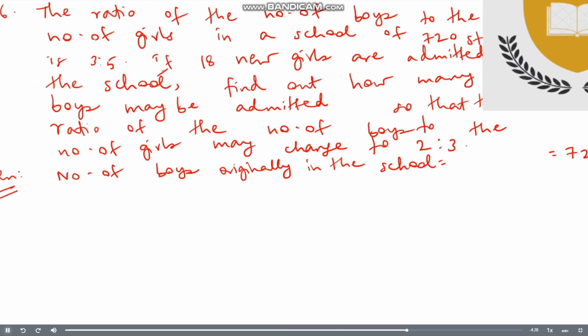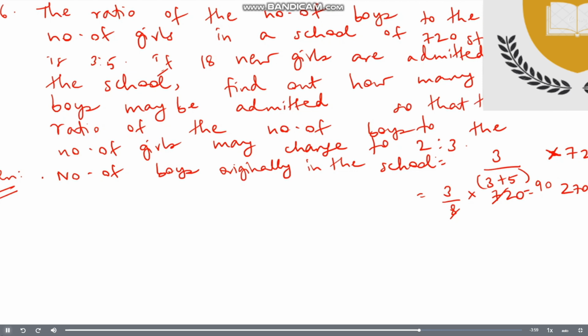If I want to calculate the number of boys out of these 720, I have to do 3 by 3 plus 5 into 720, which is 3 by 8 into 720, which will be 8 into 90, 270 boys. 270 is the number of boys originally.